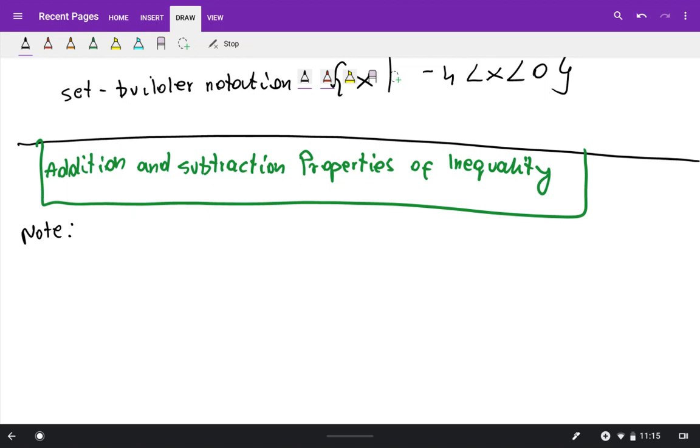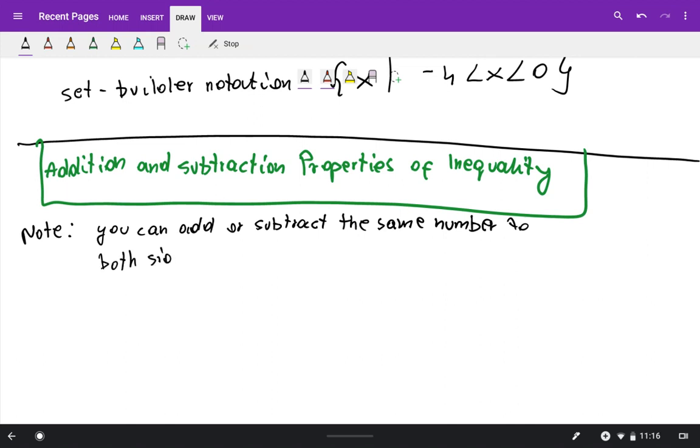You can add or subtract the same number to both sides of an inequality by keeping the same inequality symbol.